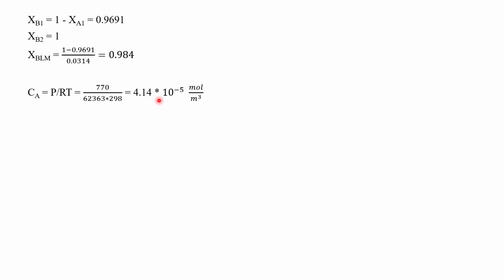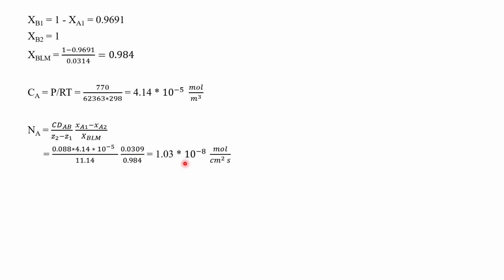So the C will be 4.14 times 10 power minus 5 mole per centimeter cube, and just substitute into the formula to get the answer, which will be 1.03 times 10 power minus 8 mole per centimeter square second.